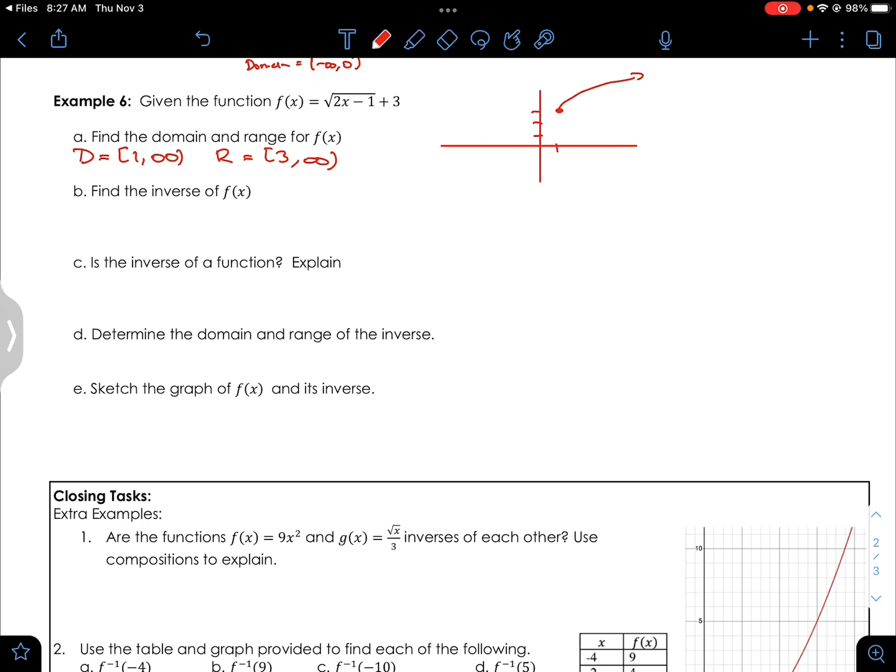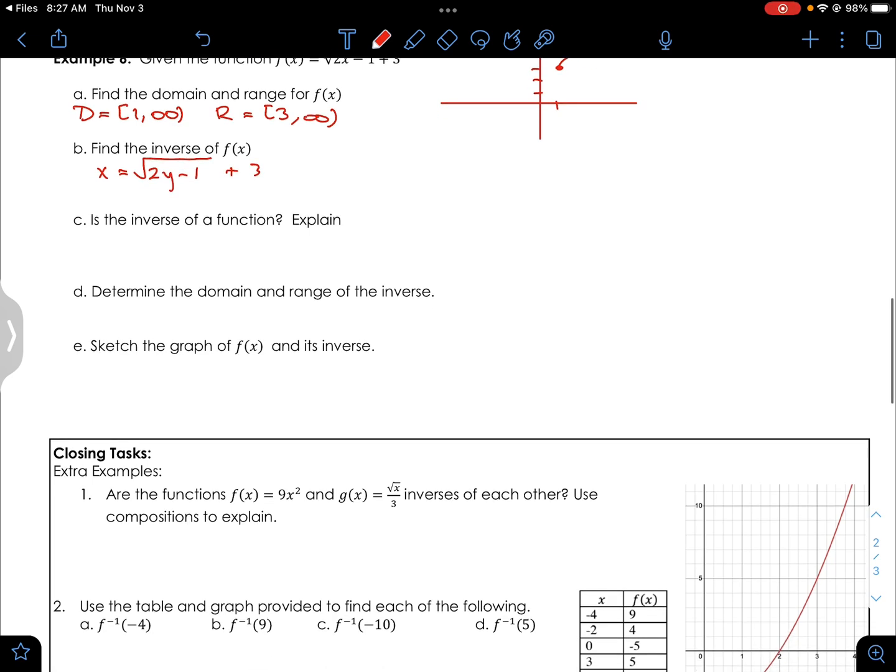And so it says find the inverse of this function, f of x. So again, to find the inverse, we would take this and say, let's flip our x and y values. So we'd have x equals the square root of 2y minus 1 plus 3. That would give us x minus 3 equals the square root of 2y minus 1. We'd square both sides, and that would give us x minus 3 squared is equal to 2y minus 1.